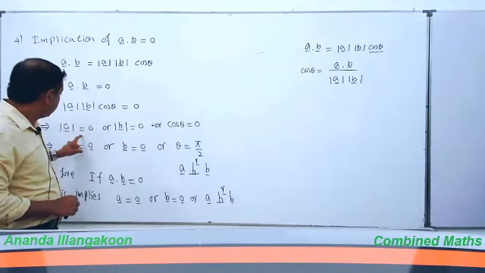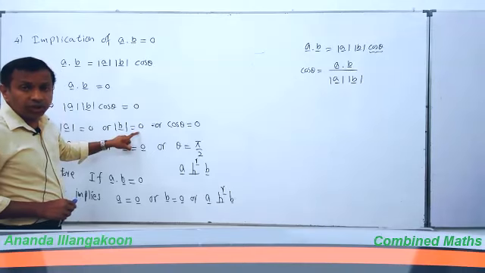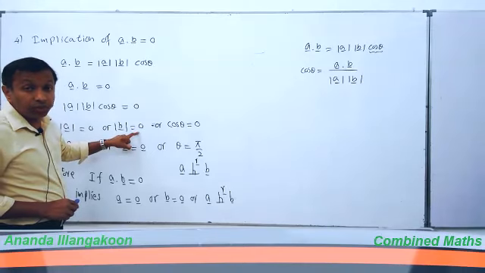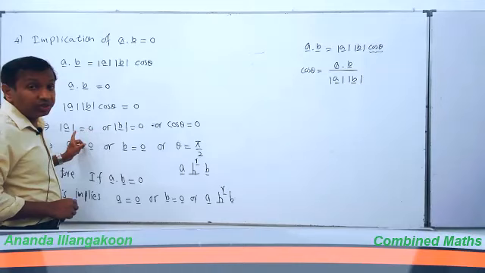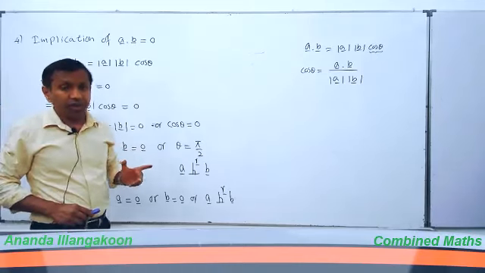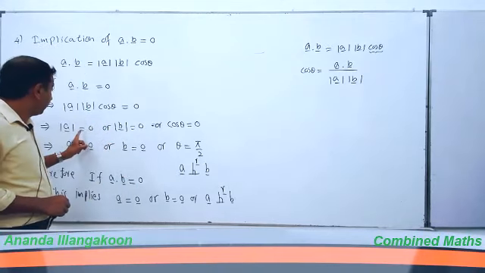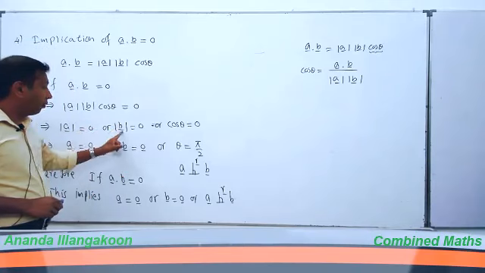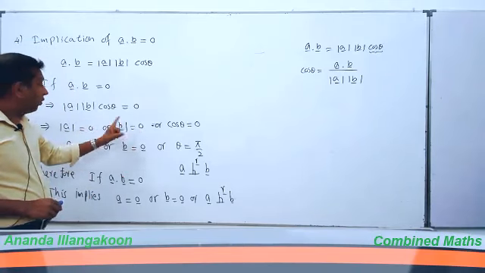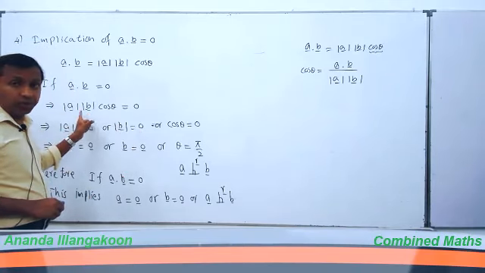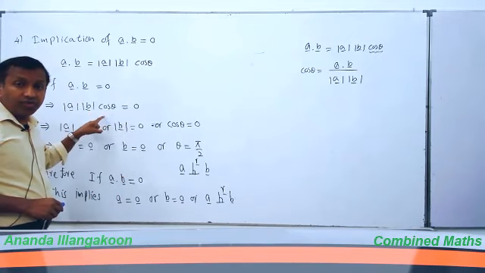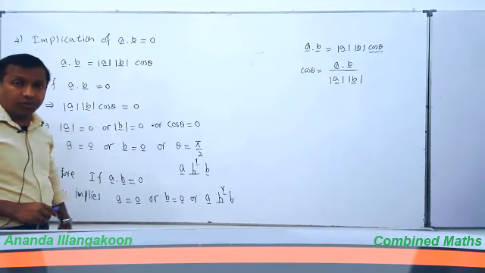Why? Mod A equals 0 means A is a null vector. When A and B are not null vectors, mod A is not equal to 0 and mod B is not equal to 0. Then for this product to be 0, definitely cos theta should be 0.